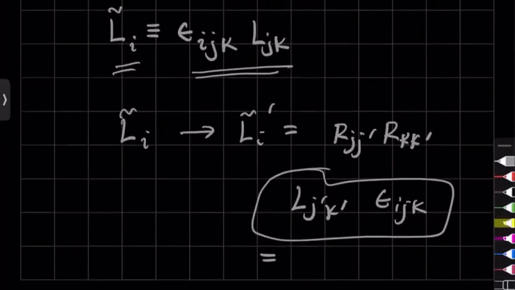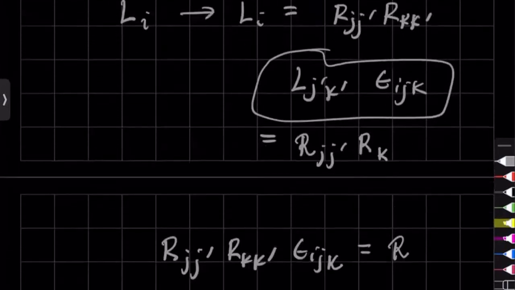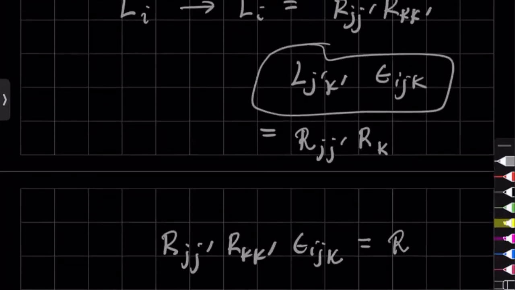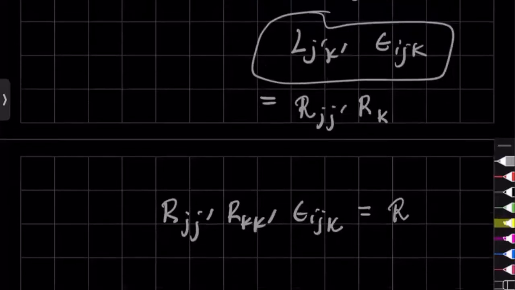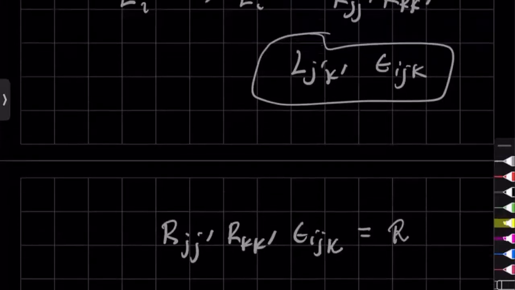So we have R, J, J prime, R, sorry, let me get this right. Okay, so the identity that we need is the following.